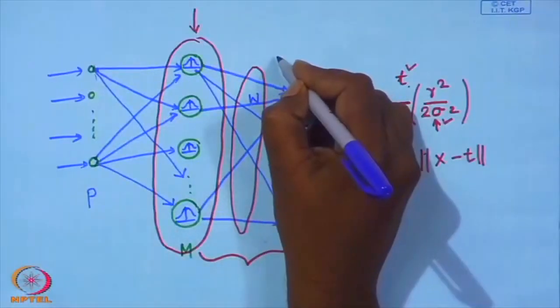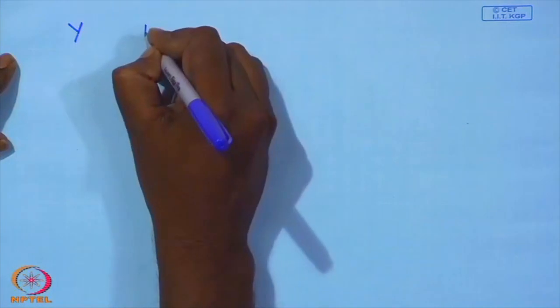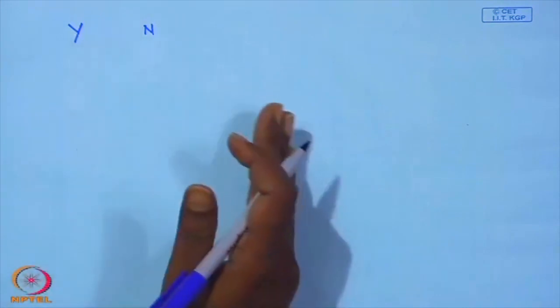So, the best way to find out these connection weights at the output layer is by means of least mean square error technique. We have already discussed the LMS technique, and there we have seen that if I have n number of feature vectors, then using these I can form a matrix.